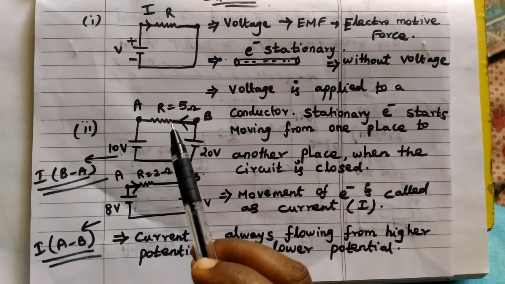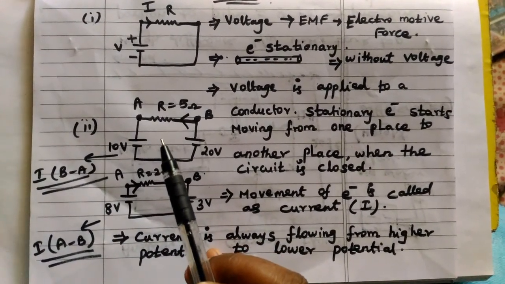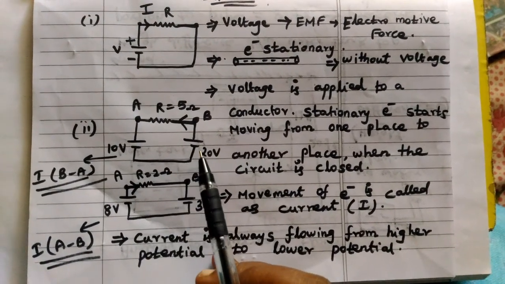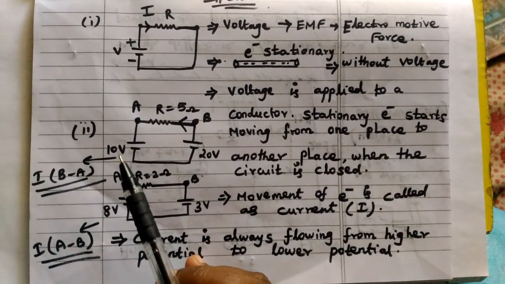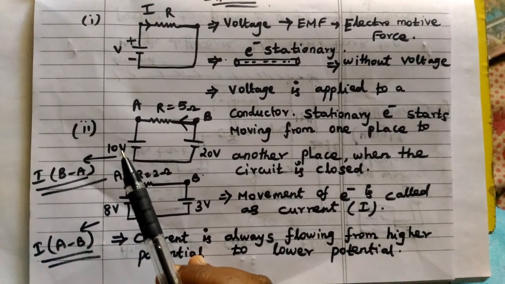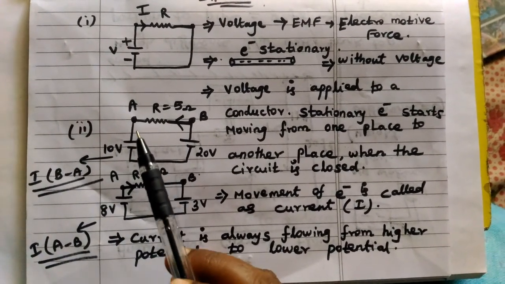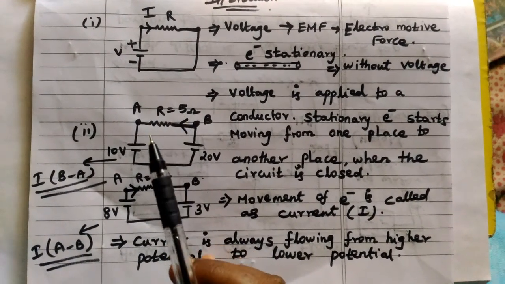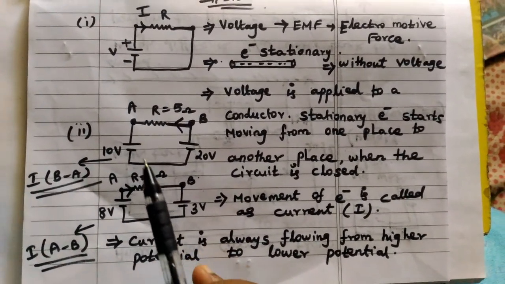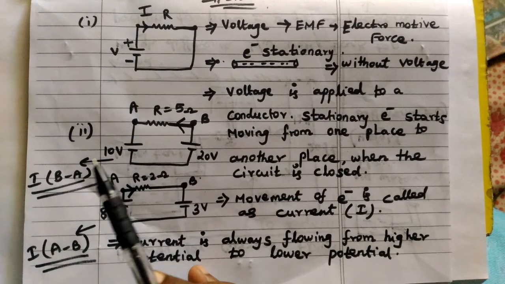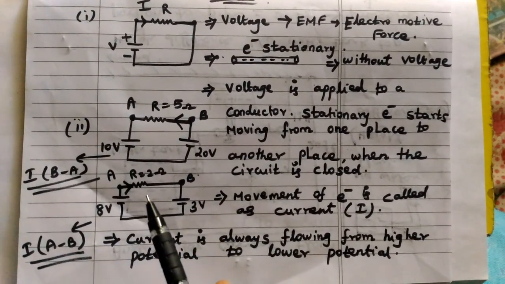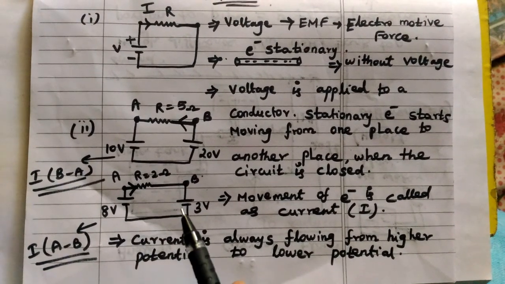And for the current flow, we need a potential difference, right? The potential difference is nothing but the difference between the two voltage sources, that is 20 minus 10, which is 10 volt. That potential difference is necessary to move the electrons from one point to another, right? So for this circuit the current flow is from B to A. And in the second circuit, the voltages are 8 volt and 3 volt.